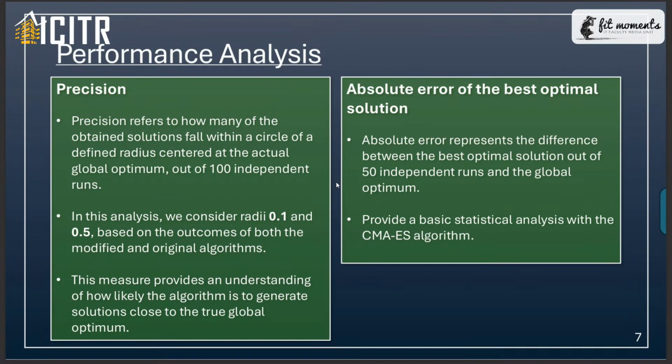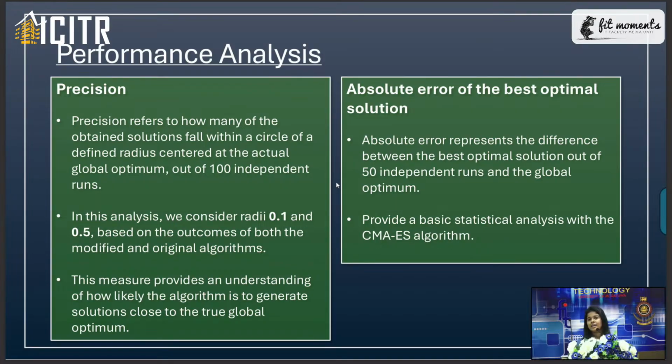To analyze the performance of our algorithm, we have used two metrics: precision, and the absolute error between the best optimal solution and the global optima. Our main focus is precision. For precision, we calculate how many of the obtained solutions fall within a circle of a defined radius centered at the actual global optima, out of 100 independent runs.